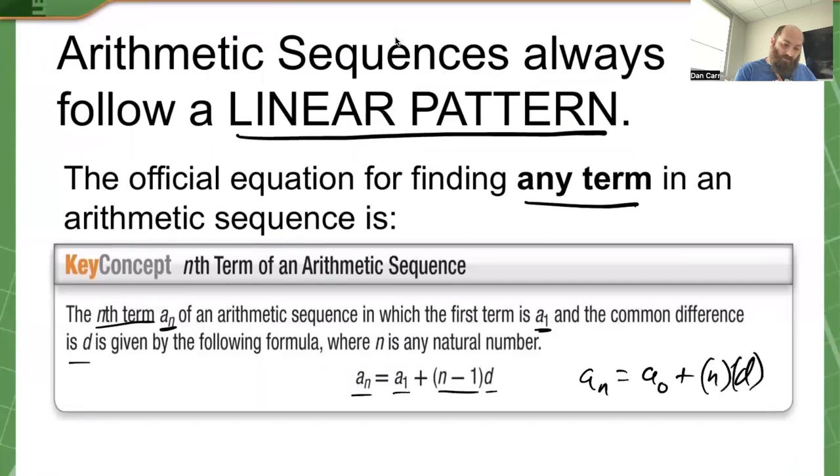What this one looks like is actually y equals b plus mx. Let me swap that around, call it dn. Y equals b plus mx. Instead of mx plus b, I just swapped it around, but this is what our linear pattern looks like.